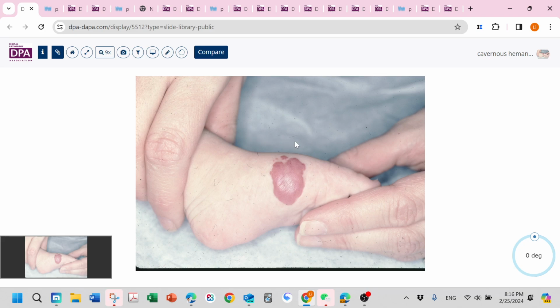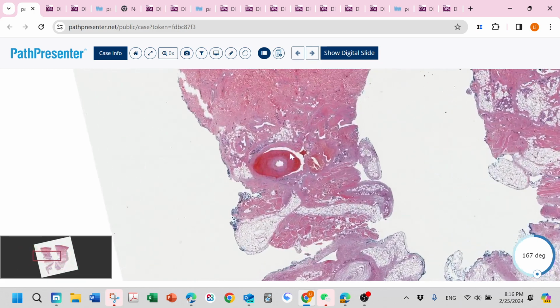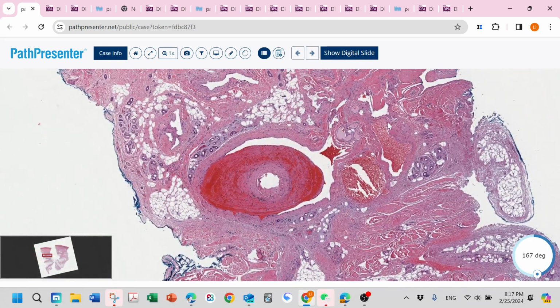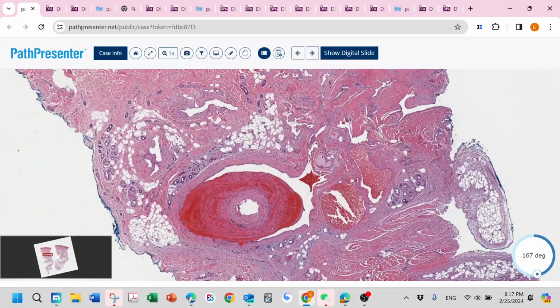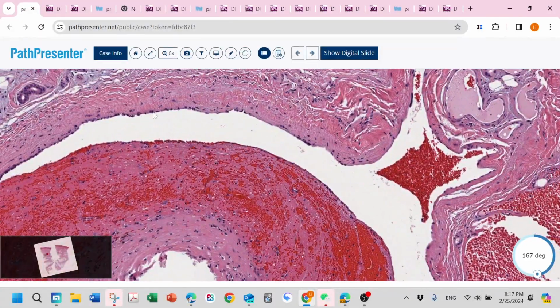For the next case, this is cavernous hemangioma. The gross picture is a plaque-like vascular lesion, also in young age. The characteristic feature is that we can see tons of dilated vessels filled with red blood cells, and they aggregate to form this hemangioma, and the cells are really bland looking.